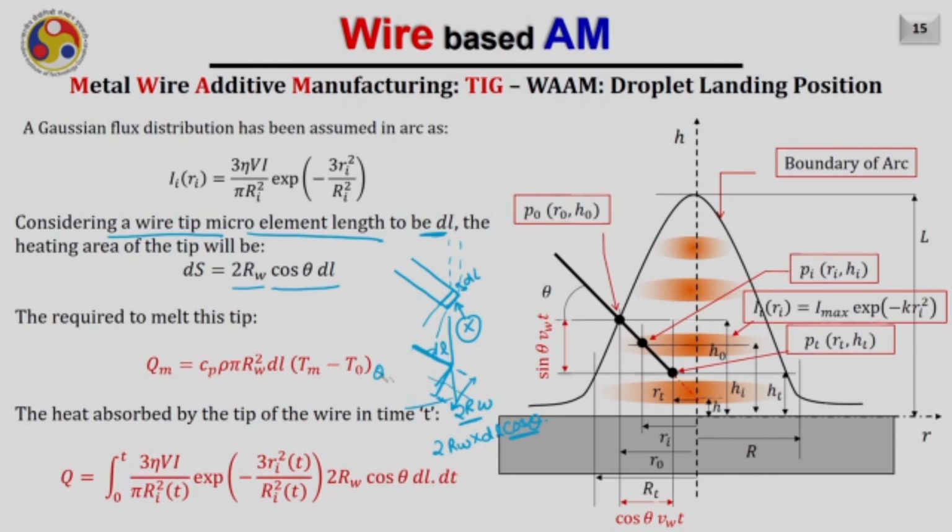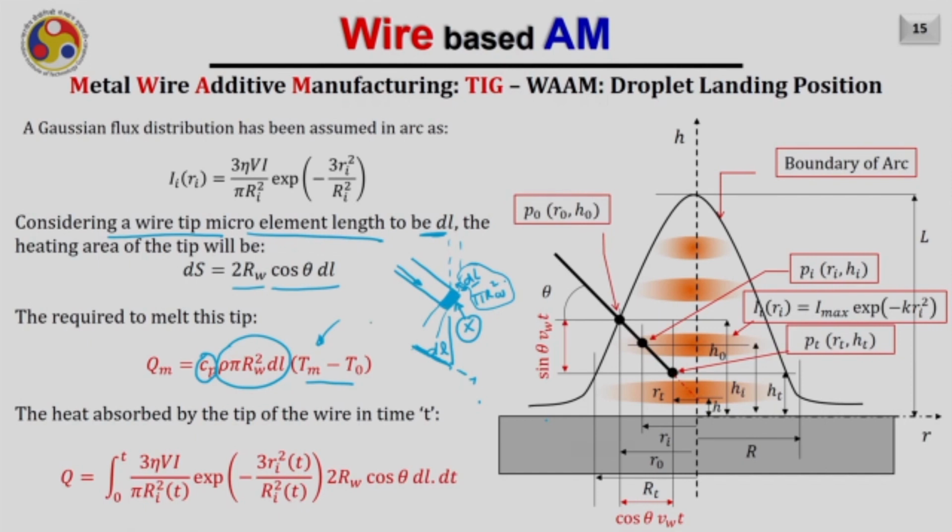Now the energy required to melt the tip of the wire can be given by this particular equation. It says Cp, this is mass and this is the temperature difference. So as the wire is entering into the arc, its tip, I am just considering only this much length, that is dl, and if the cross section is pi Rw square, that is the cross section of the wire, and the length is dl, they both get multiplied, pi Rw square dl will be nothing but the volume of the wire which we are considering here.